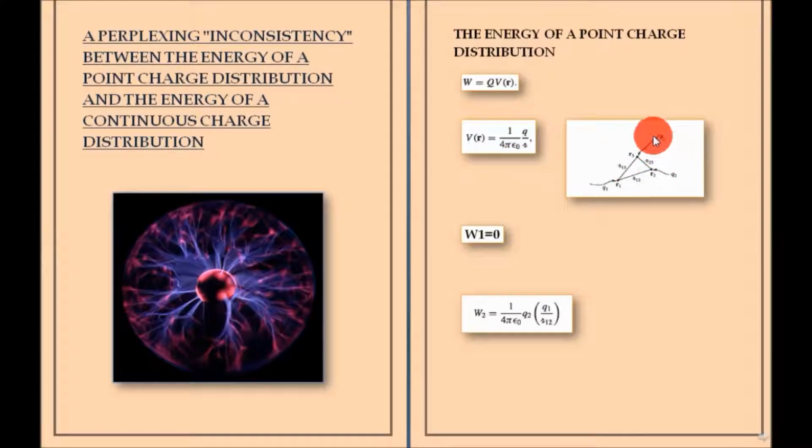First you will bring Q1, for which you have to do 0 work because Q1 does not have to fight any field. Next you will bring Q2. This time you have to do work because Q2 will have to fight the field created by Q1, and as a result the work done is equal to Q2 times the potential created by Q1.